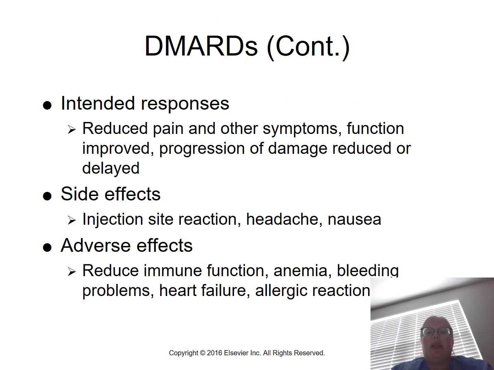So what do we want them to do? Well, we want them to reduce pain and other symptoms. They want the patient's function to be improved, and they want to reduce or delay the progression of the damage of rheumatoid arthritis.